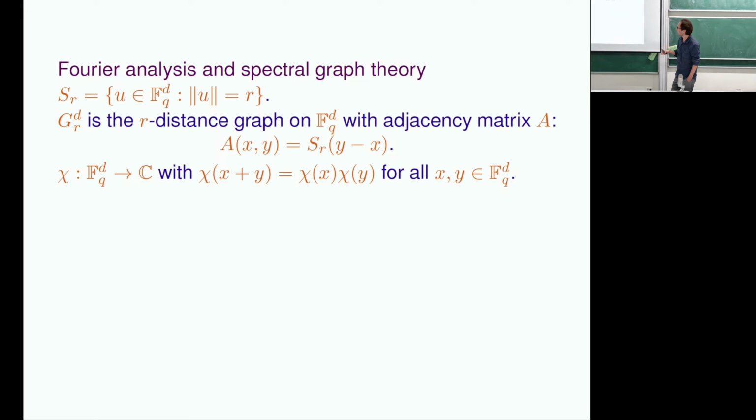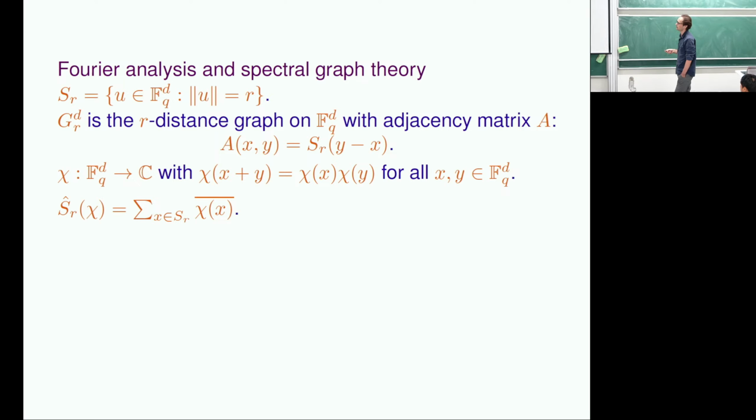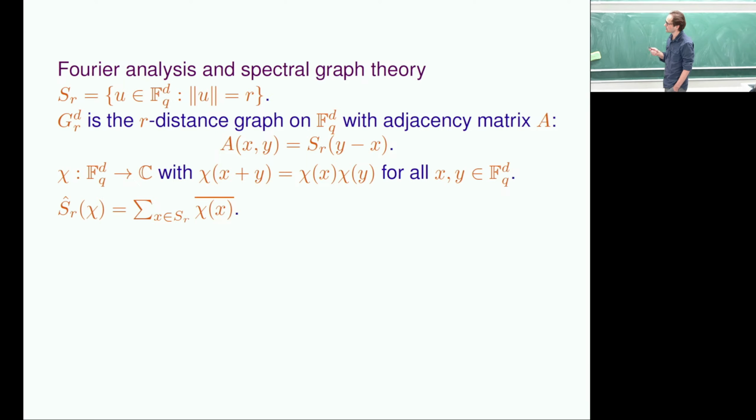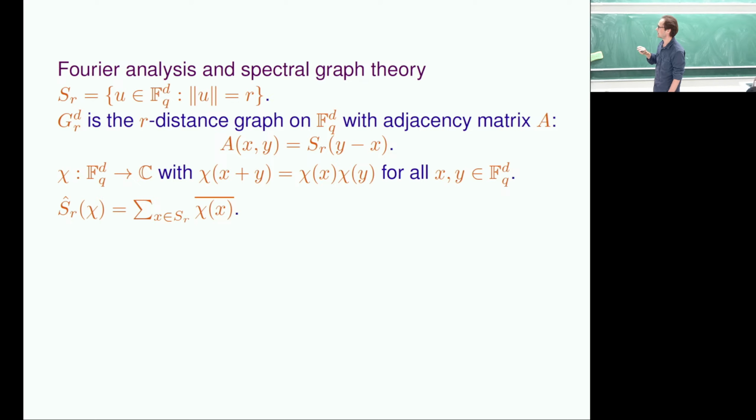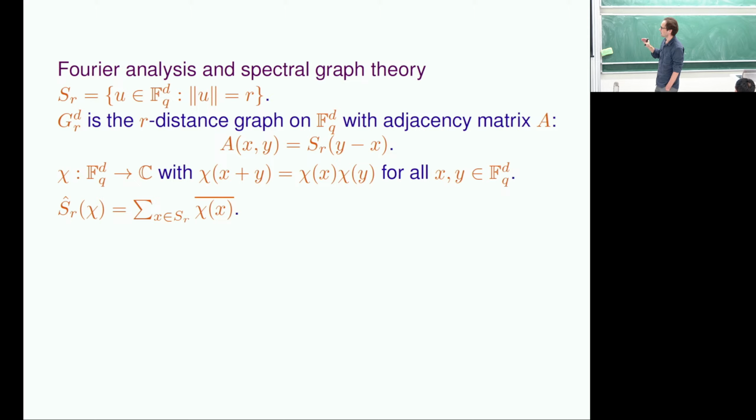The remainder of the characters live on the unit circle in the complex plane, and they give a nice basis for the set of functions from Fq to the d to the complex numbers. And the Fourier coefficient of the sphere attached to chi is defined to be this. So we take the sum over the points of the sphere of the character evaluated at that point.